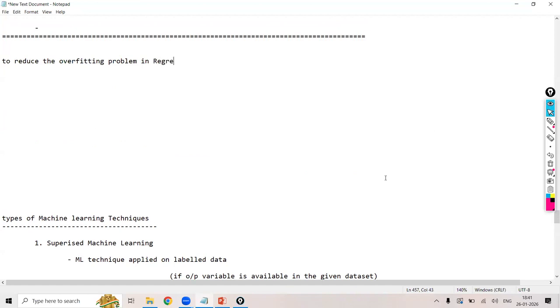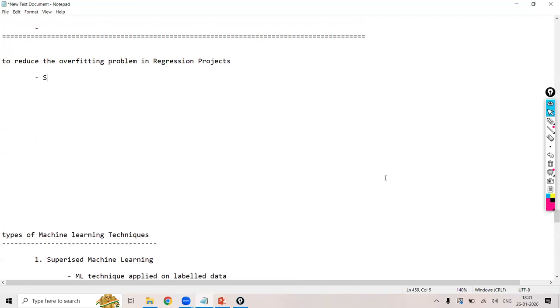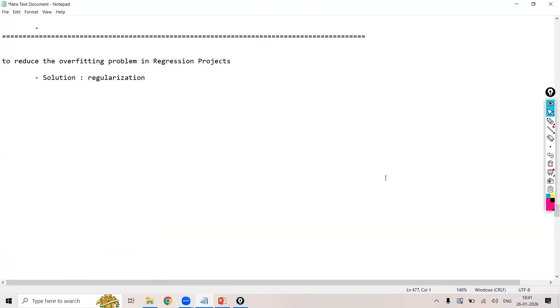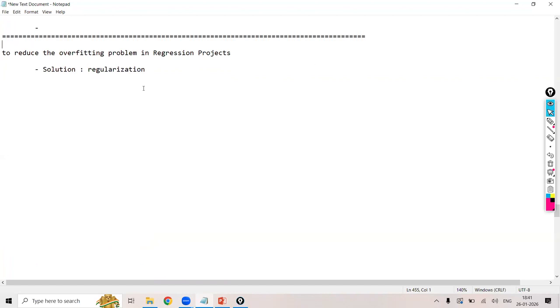In regression projects, the solution is regularization. It will reduce the overfitting problem. What is overfitting? Overfitting means training is very, very good, but testing it is going to fail. So this is called regularization.